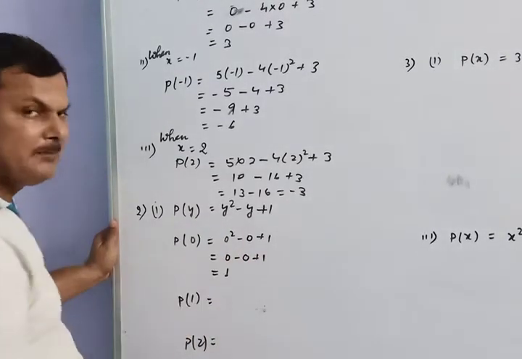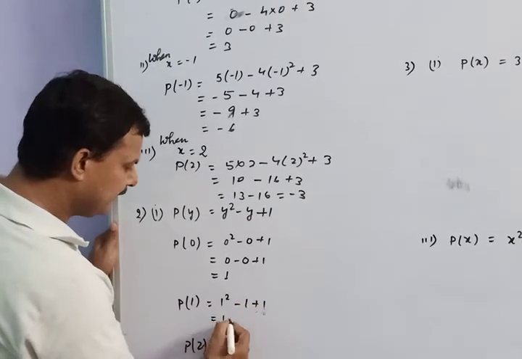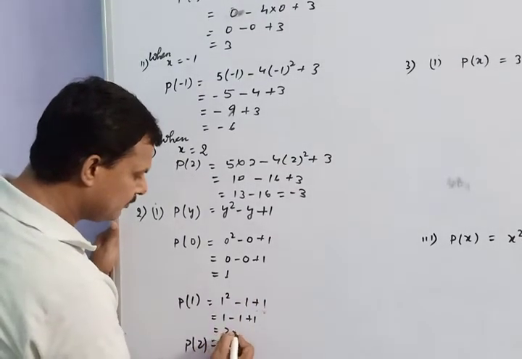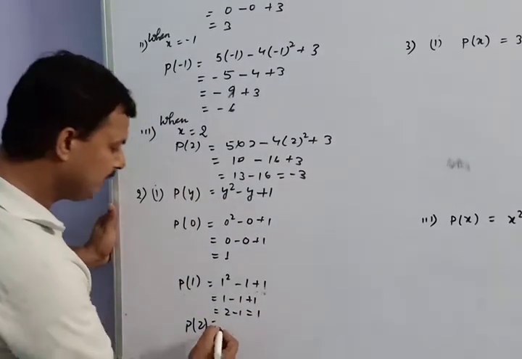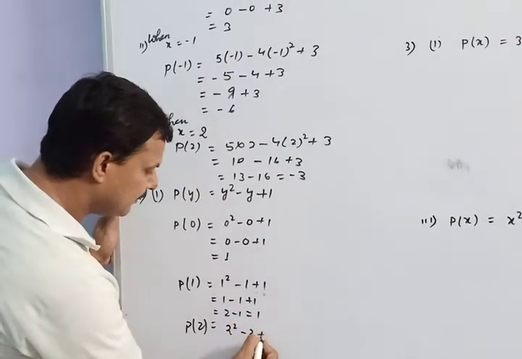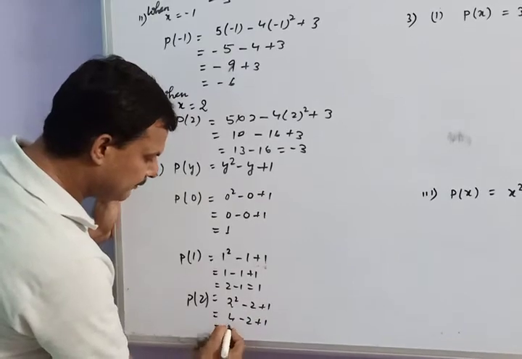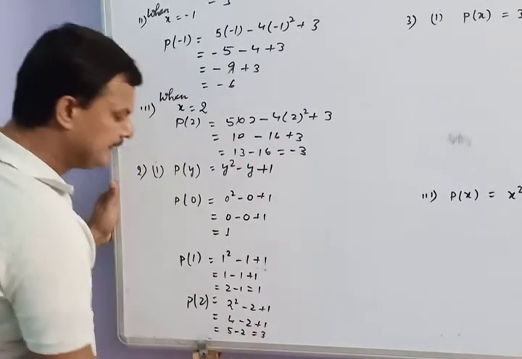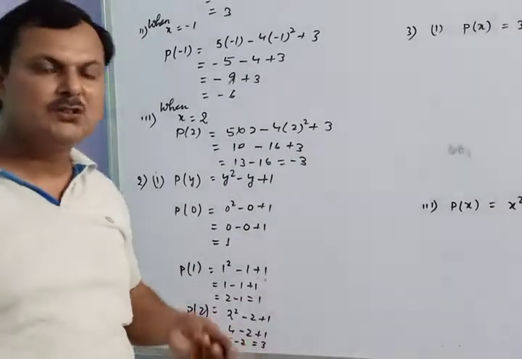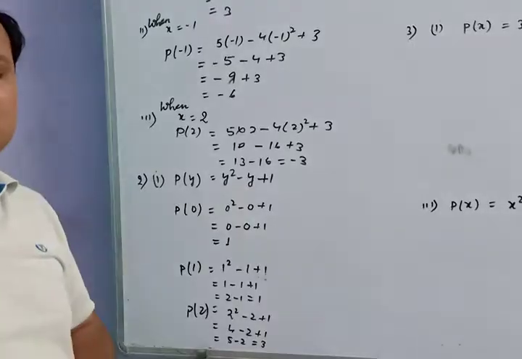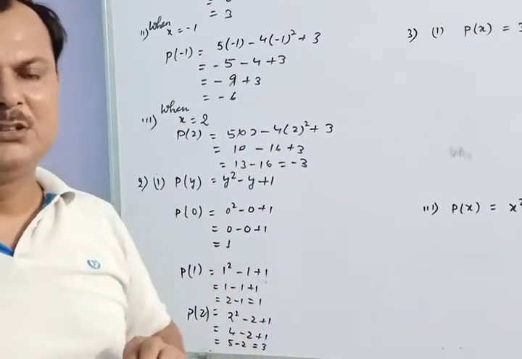When y is 1, you replace y by 1, so 1 square minus 1 plus 1, so 1 minus 1 plus 1, which gives us 1. When y is equal to 2, the polynomial will be 2 square minus 2 plus 1, which is 4 minus 2 plus 1, which is 5 minus 2, giving us 3. It means whenever we choose any value of y, the polynomial gives another value. Means for one value, the polynomial gives one unique value.